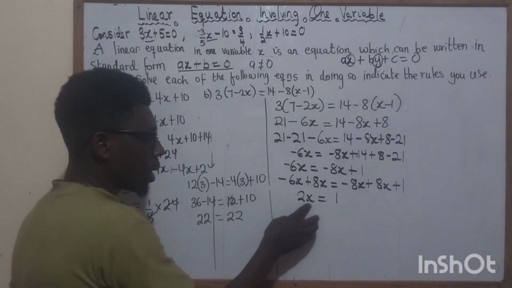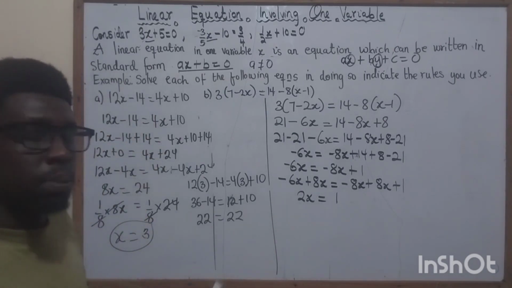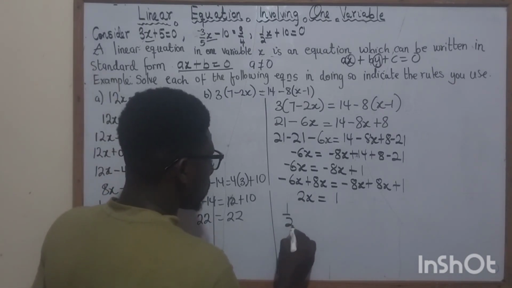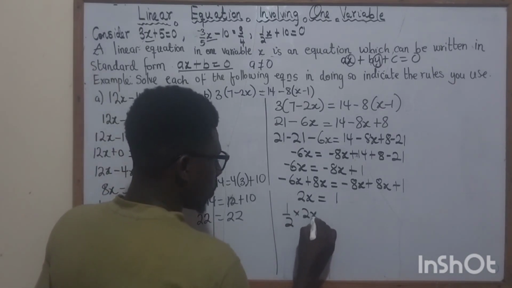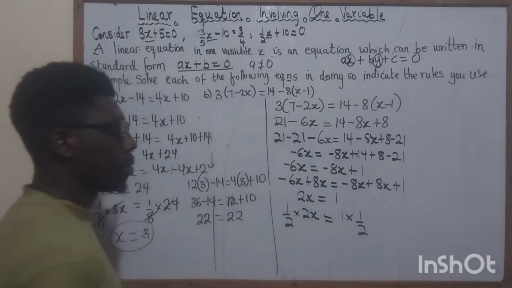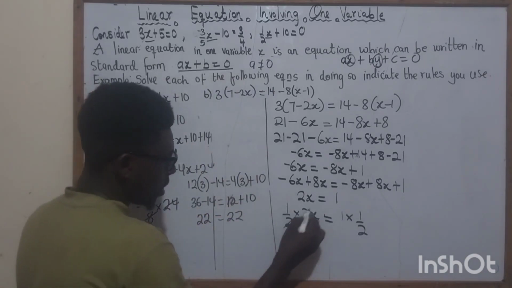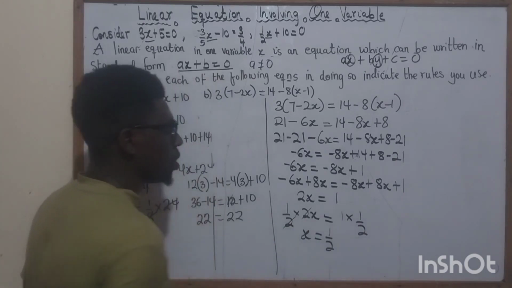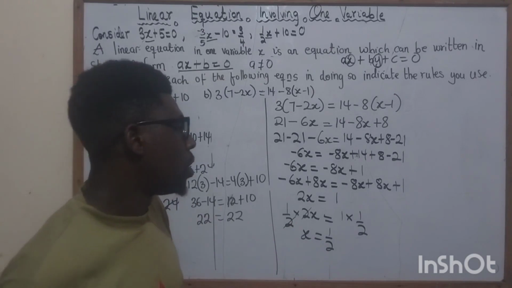So solving for x, I choose to use the multiplication property of equality. I multiply this side by a half and do the same to the other side. All right, so 1 times 1, so x is equal to 1 over 2.